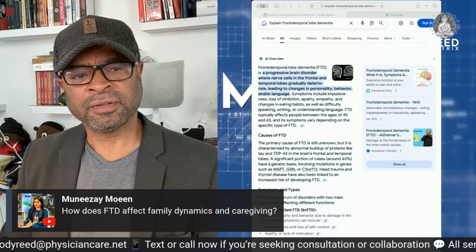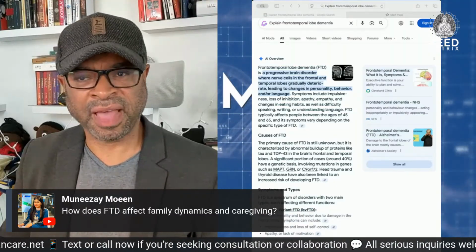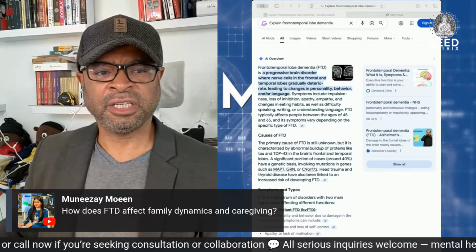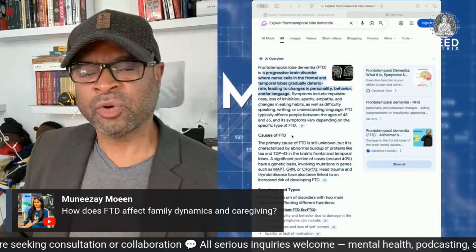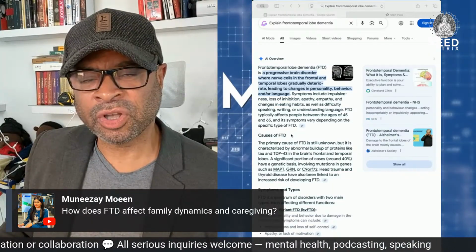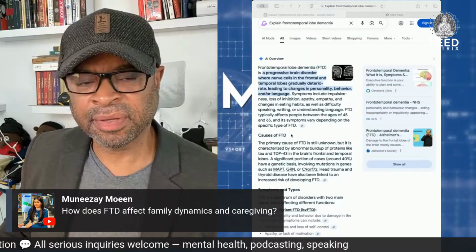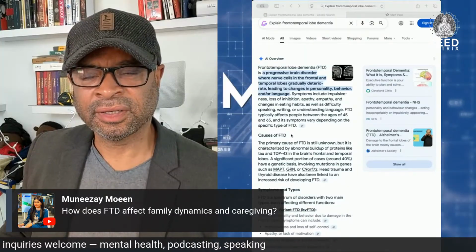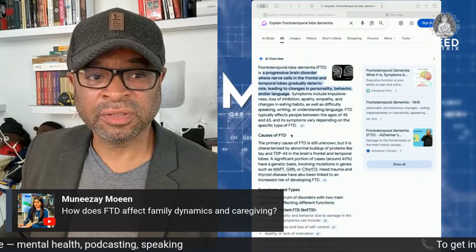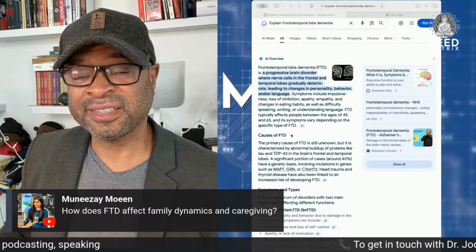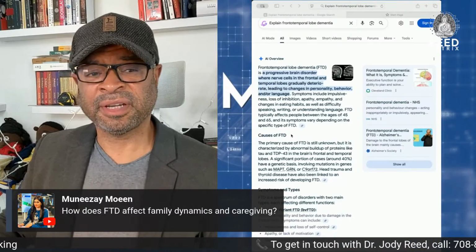That's how frontotemporal lobe dementia presents, with the affect and cognitive changes. And this happens in what's called a stair step phenomenon. All the other ones occur more gradually, but this is more of a stair step phenomenon.